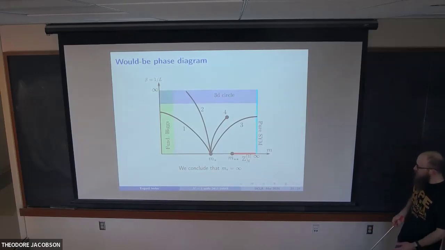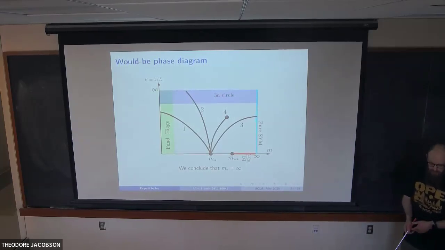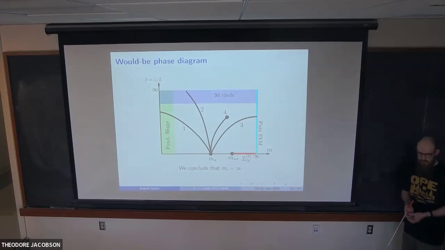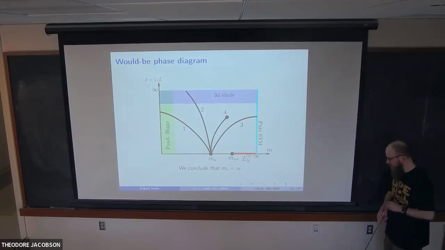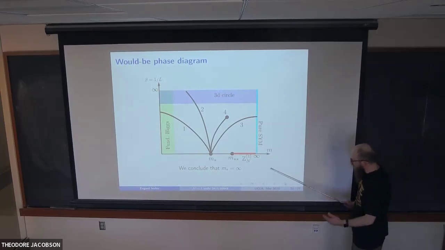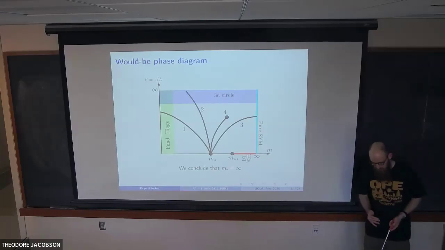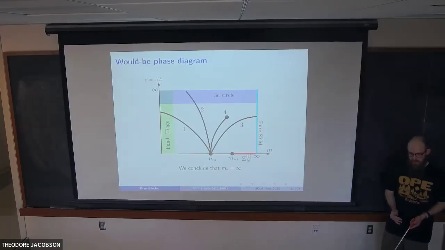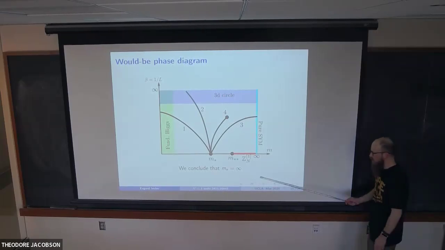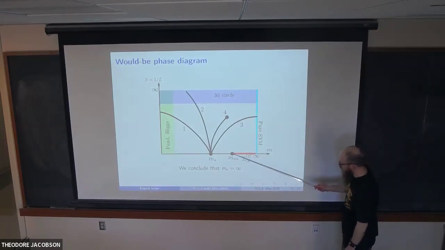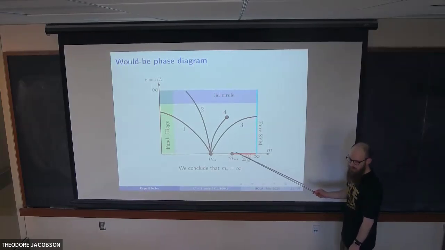So, in principle, when you have quarks in the fundamental representation, quarks explicitly break one-form symmetry. But generically, you would expect that if you introduce very heavy quarks, your one-form symmetry might still emerge in the IR as an accidental symmetry, at least up to the point when quarks are sufficiently heavy.